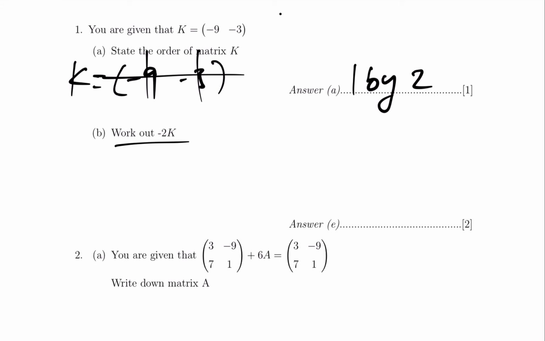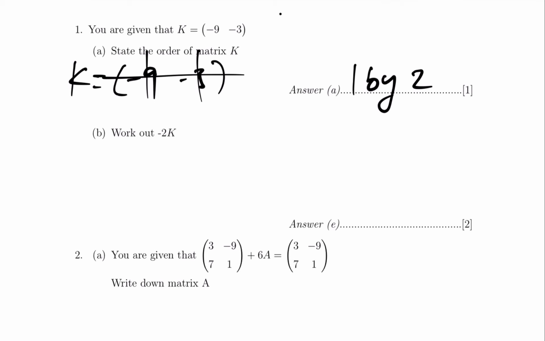B says work out -2k. When it says work out -2k, this is a multiplication of a matrix by a scalar. The scalar here is -2. So every element of matrix k should be multiplied by -2. Let me erase here.